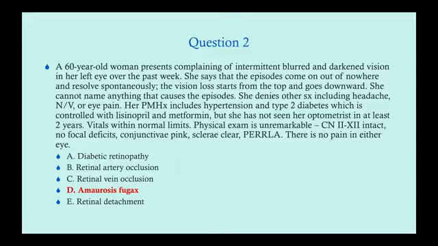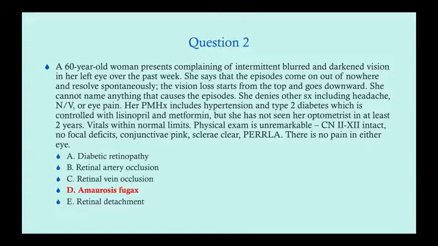Because you're not getting enough circulation, obviously the organ's not going to function as it should, but instead of getting pain as you would in your heart, you get a visual deficit. People who have episodes of amaurosis fugax are predisposed to ultimately develop retinal artery occlusion. And retinal artery occlusion is kind of like a heart attack of the eye. It's like an MI of the eye.